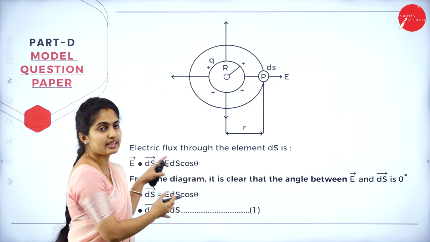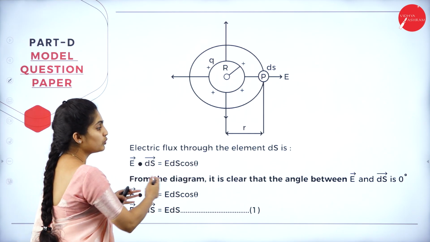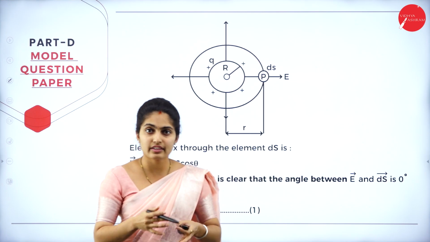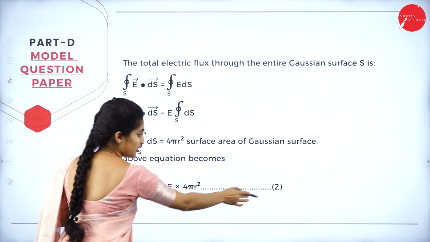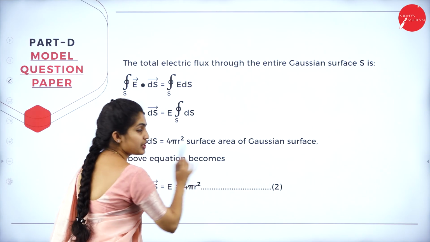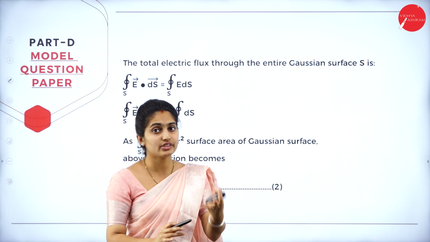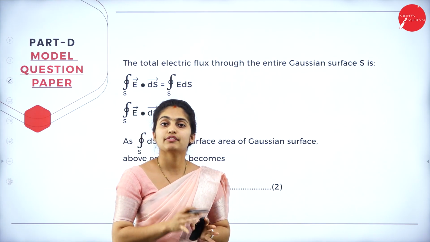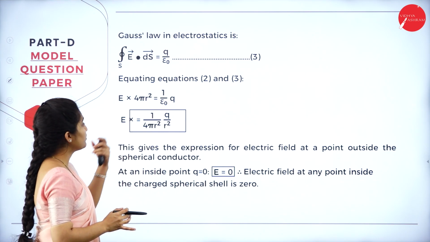Calculate the fluxes, like on the surface, what is the electric flux you have got, and then go with theta, its angle, and whatever is there, simplify it and solve it. Remember to mention all these equation numbers, and then you can solve it. Either you can solve in this way or else in the way I have given you in the session classes. Finally you will end up with the equation.